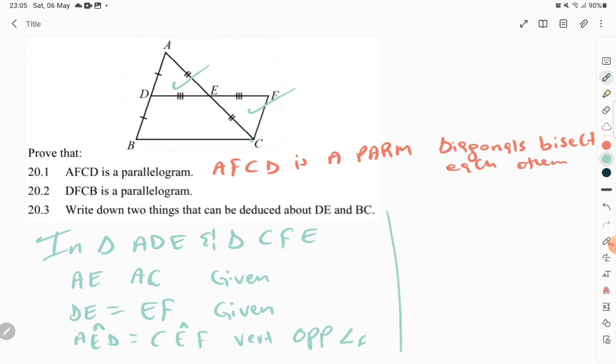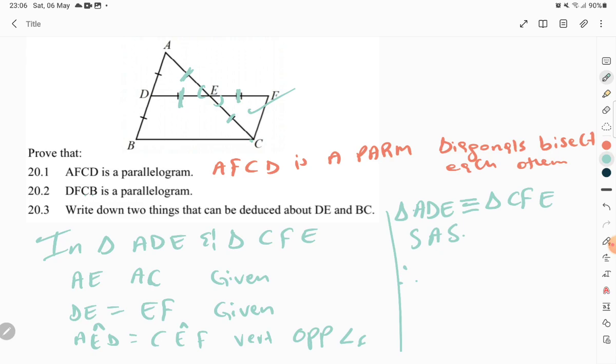So we can now tell that this triangle ADE is actually congruent to triangle CFE, because this is side angle side, so this side equal to this one is equal to this one, and these angles are equal to each other. So that's what we have done.